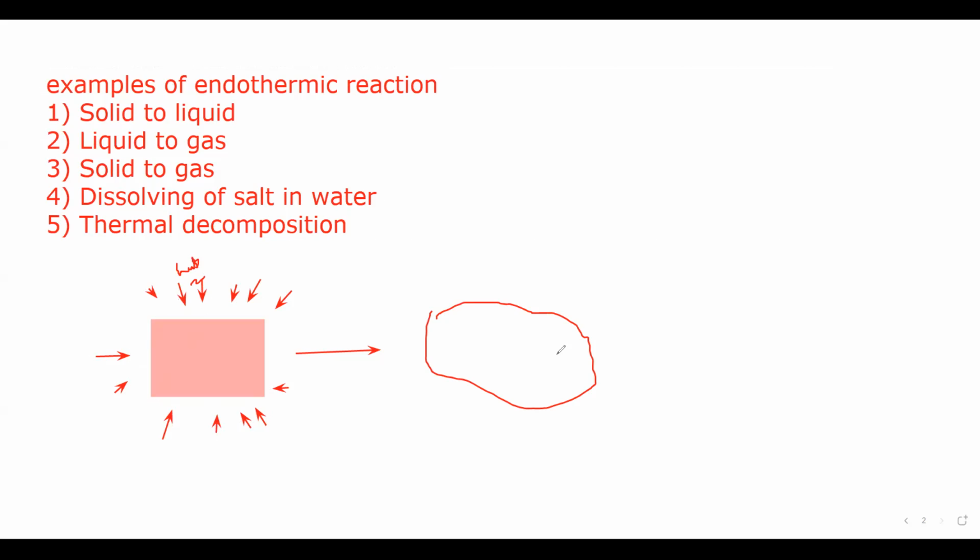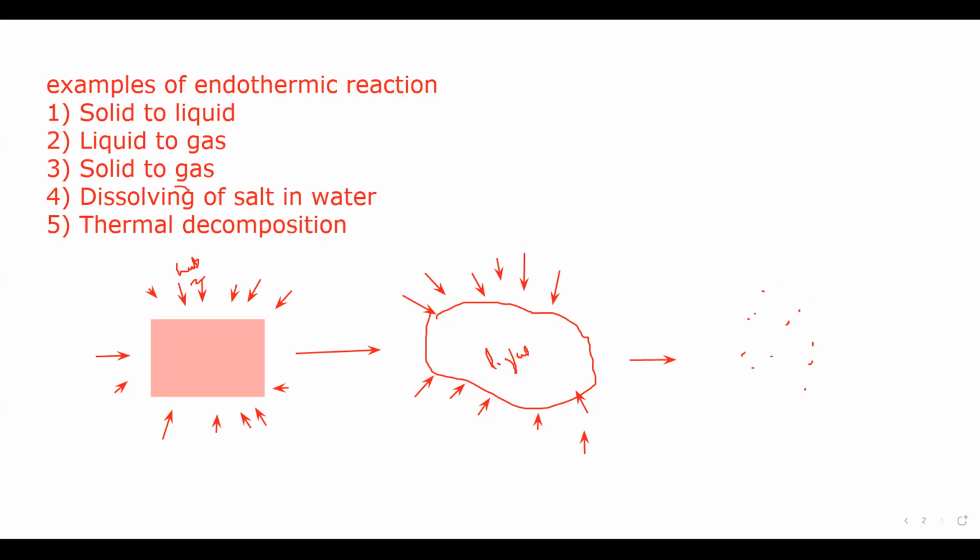In the same way, when a liquid turns into a gas, like this is a liquid we have, and we supply heat energy, and this liquid boils and turns into a gas. So if a liquid absorbs energy and changes into gas, this change is also, in terms of energy, endothermic. In the same way, a solid sublimating and converting directly into a gas is also an endothermic change.